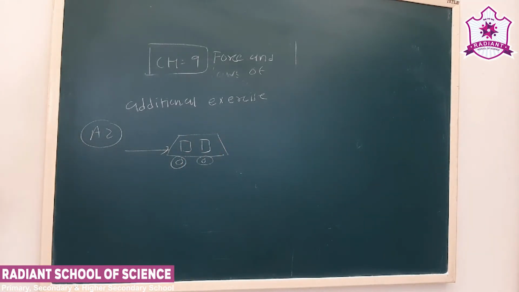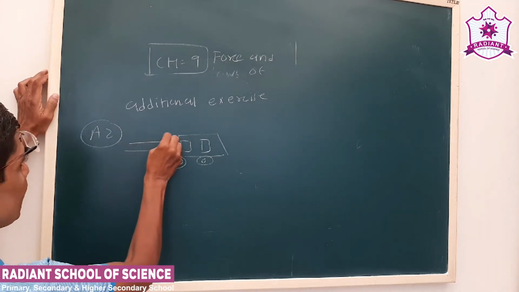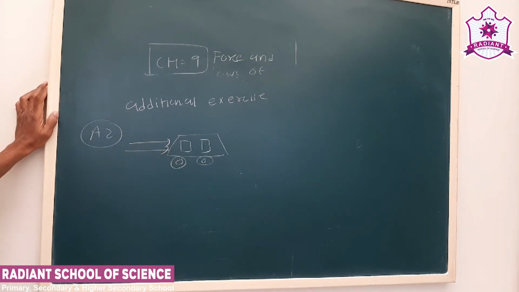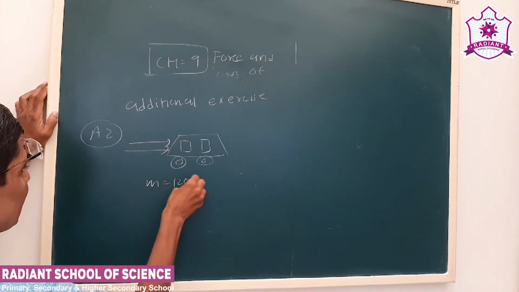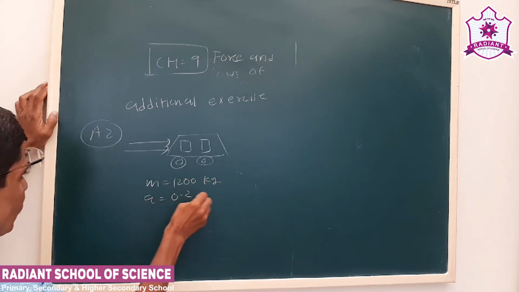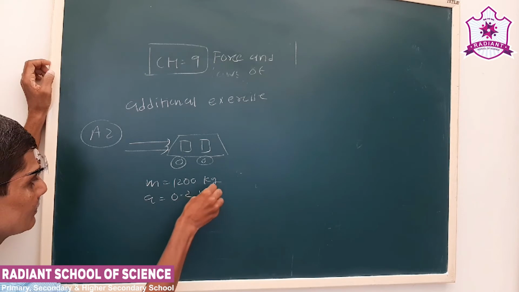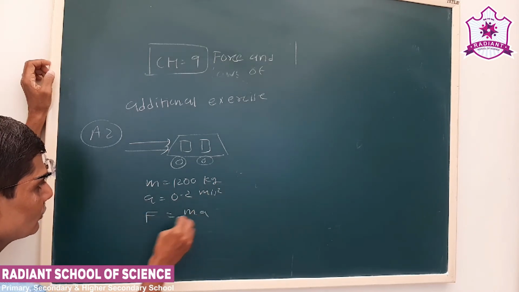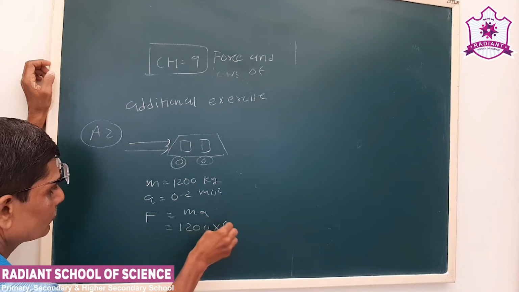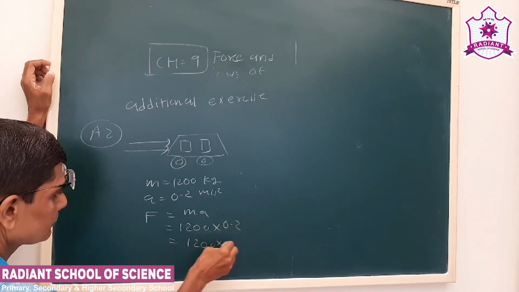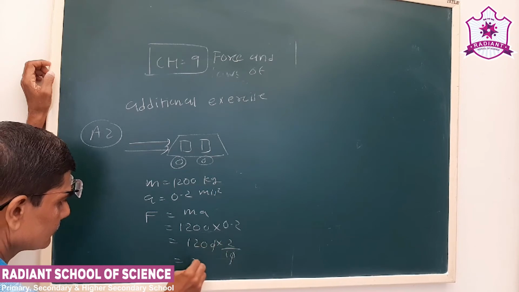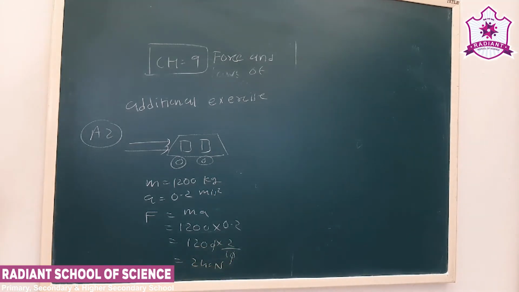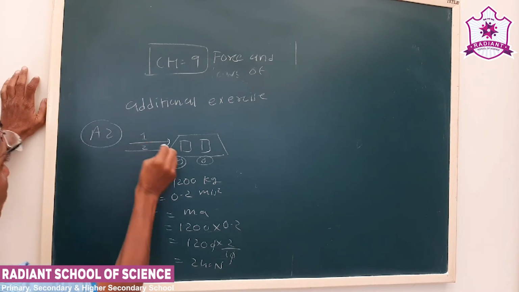Now the question is like this. Initially there are two persons. So mass is 1200 kg, acceleration is 0.2 meter per second square. So what is the formula? F is equal to ma, 1200 into 0.2. Initially we see 1 and 2.